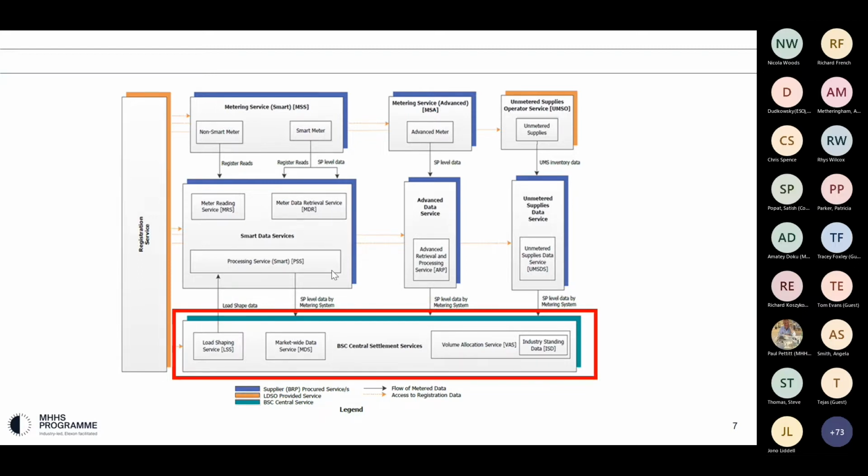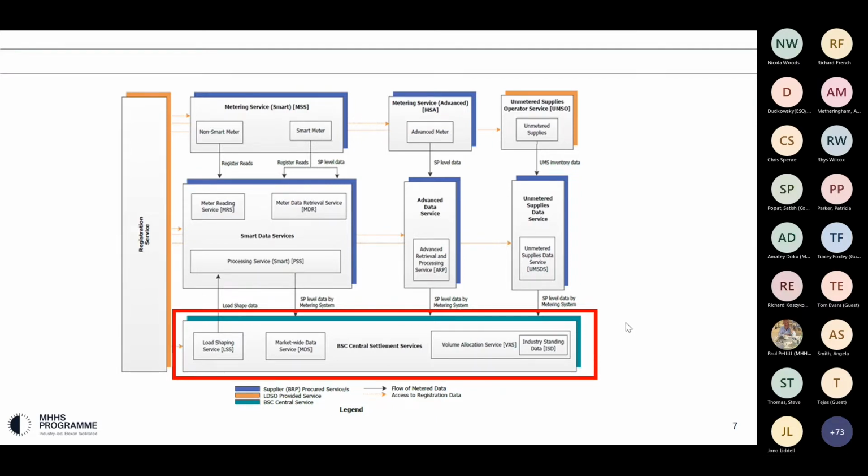These services will be receiving the half-hourly data from the three market segments: the smart market segment, the advanced market segment, and the immediate supply segment, from the relevant data services for those segments. The reason this is highlighted in the teal box is because these services, like I said, are being provided by Elexon. I'm not going to put any more detail on this because we'll be talking about all of these separately as we go through.